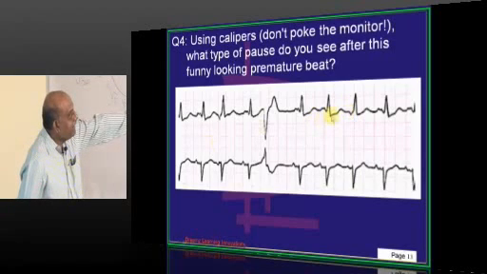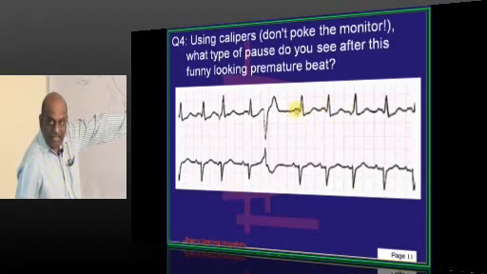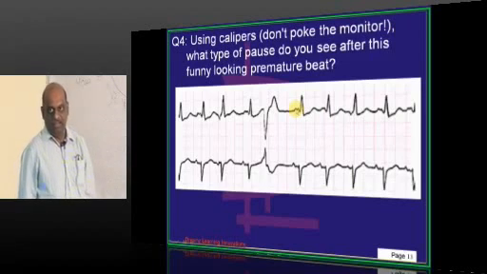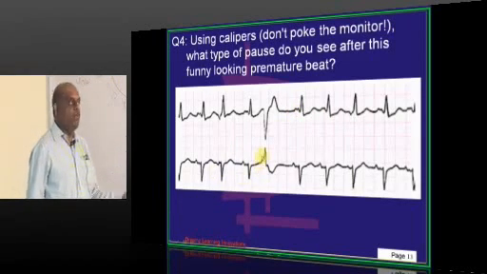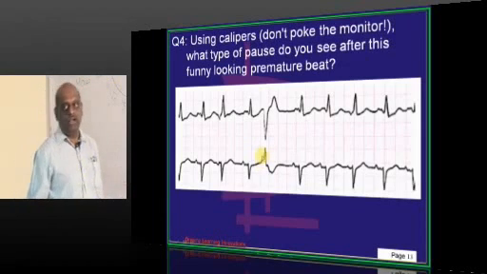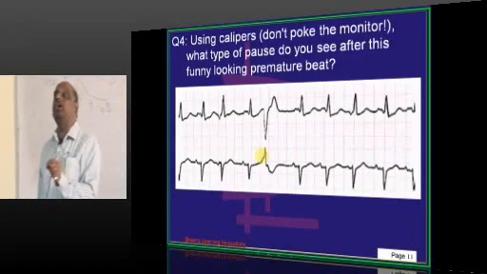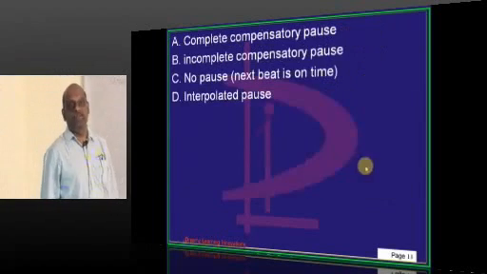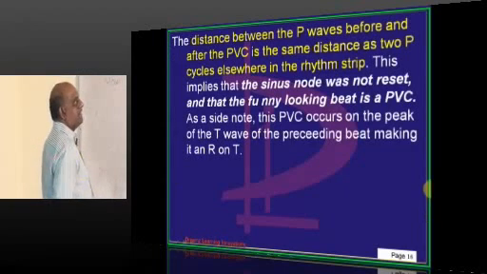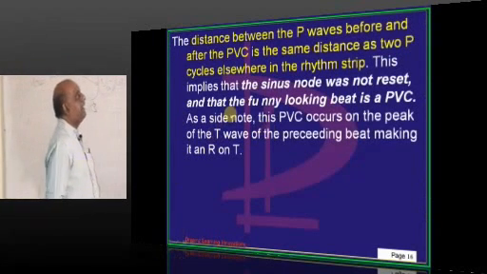And the distance you calculated before and after a normal QRS versus a VPC, if they both are the same, then what is it called? Fully compensated premature ventricular complex is the name which is given for such an incident, is what you need to remember.